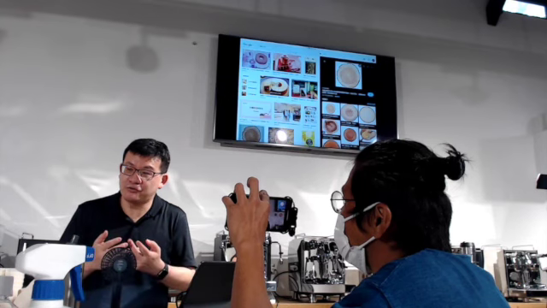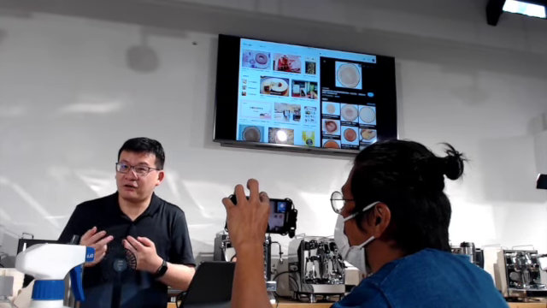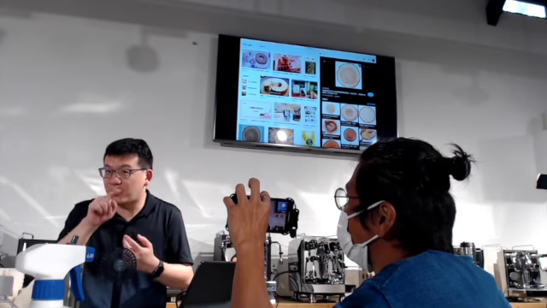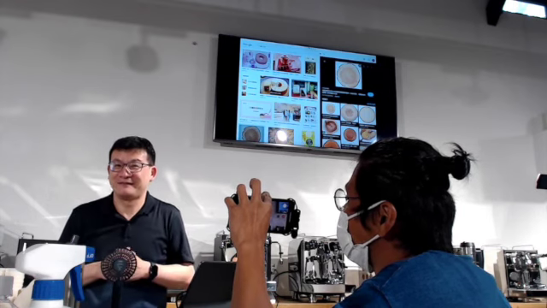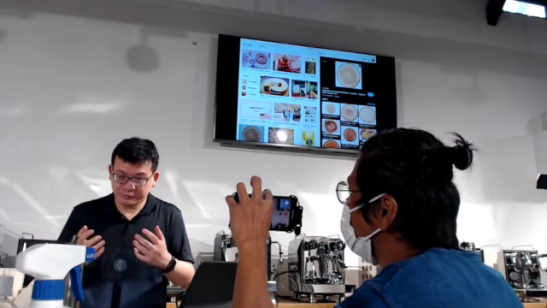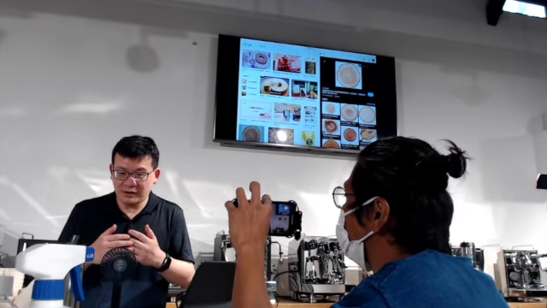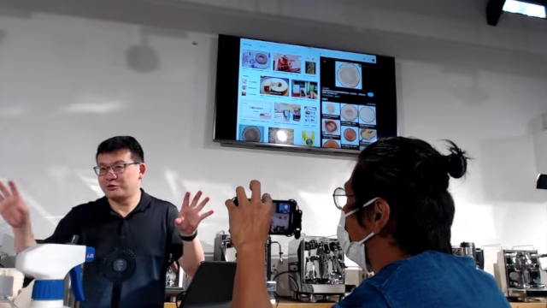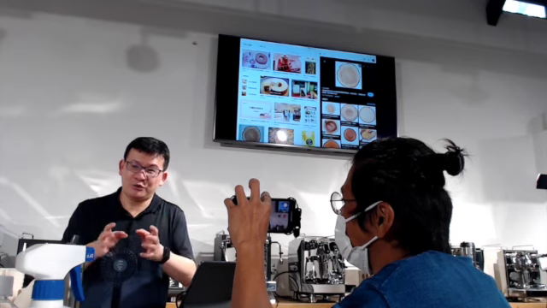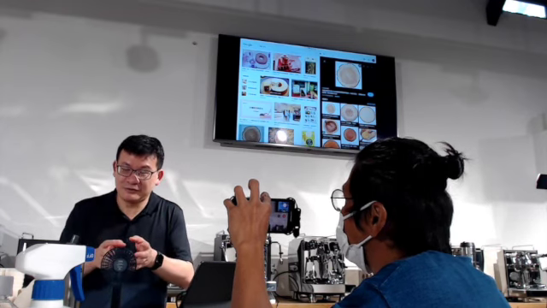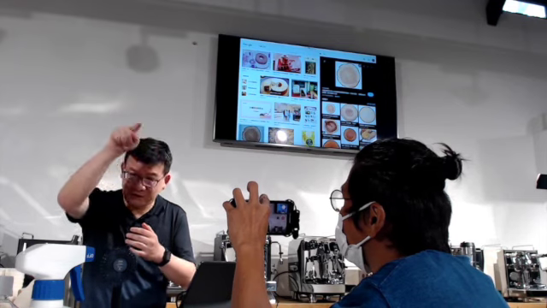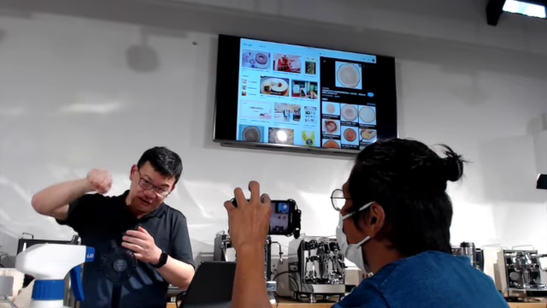So for the competition, I will actually do 1.5 roasts. Why? Because every day the roasting conditions are different. So I will do the first roast, just check the initial temperature and the turning point.